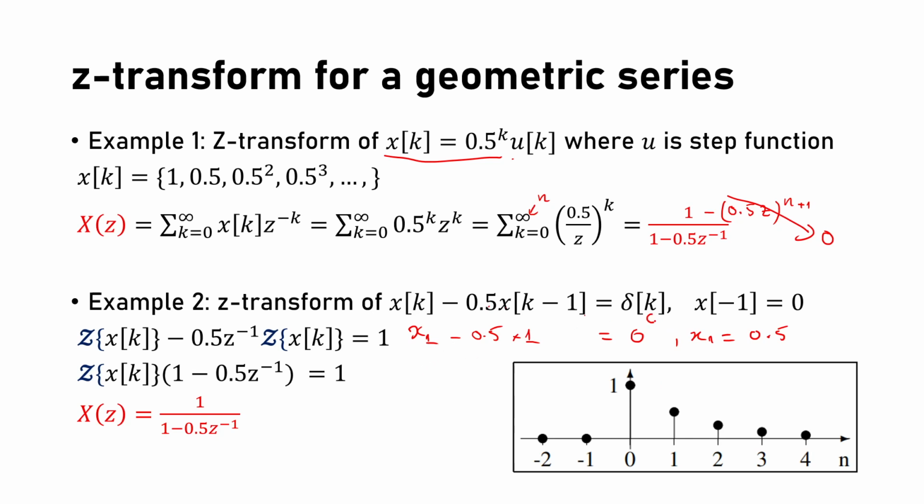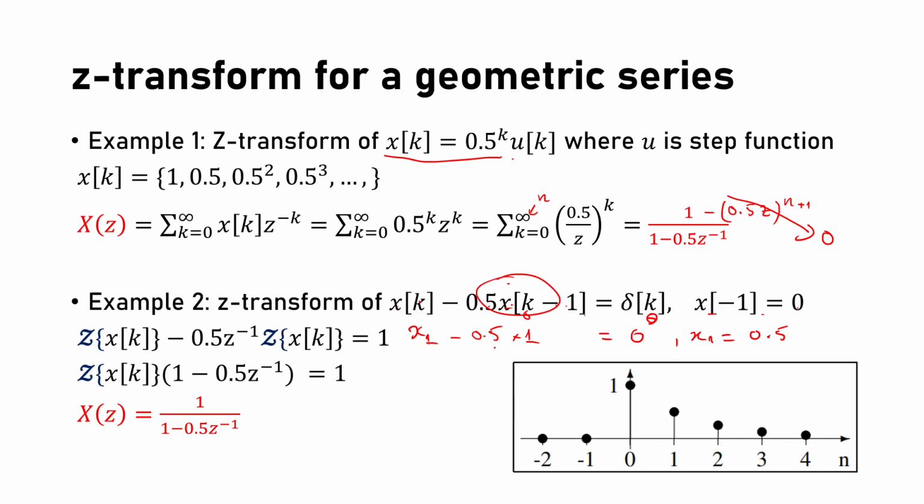When you substitute k equals 0 here, you get 1. And here you have h of minus 1, which is 0. So here is just 0. So it means h0 equals 1, okay? From the previous value of k, we do it repeatedly by increasing the value of k by 1.